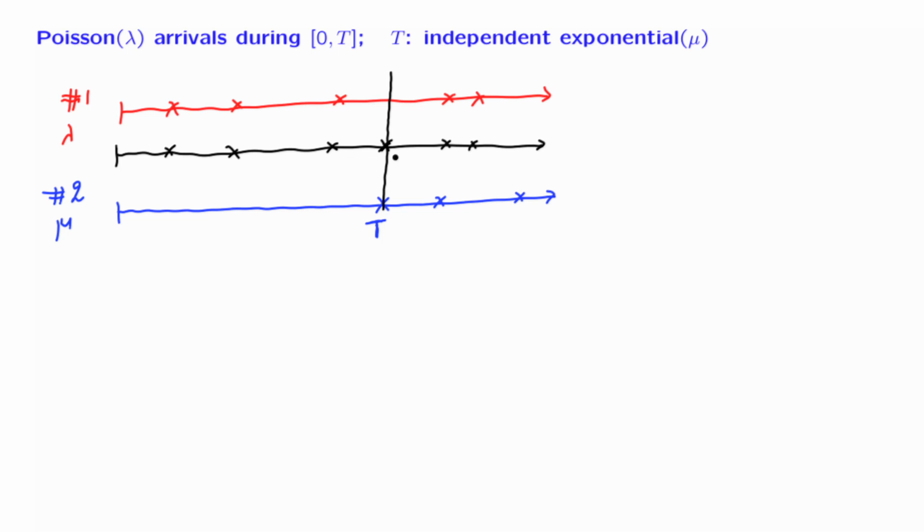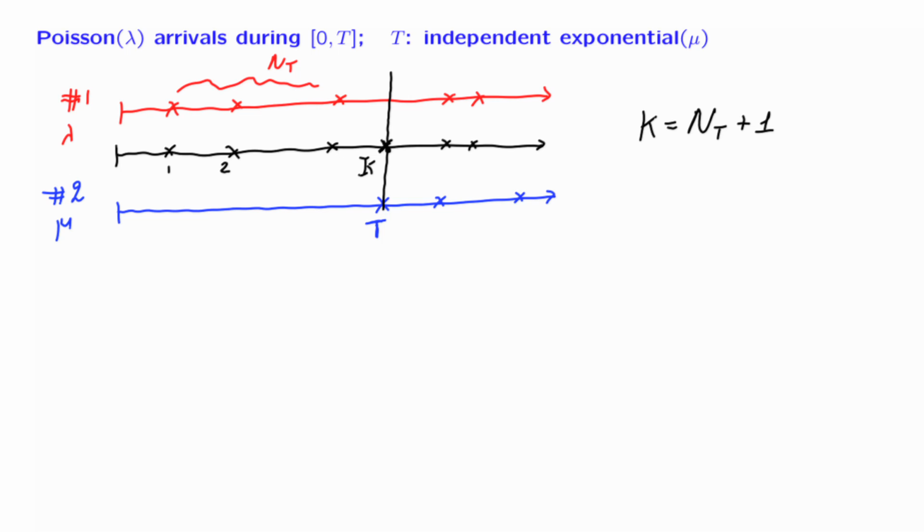The discussion will be a little simpler if we define another random variable K, which is N_T plus 1. So K is the number of arrivals in the merged process until this time. That is, we take those arrivals of the red process and we also include that arrival here. So if the number of arrivals that we got here was N_T, here we have arrivals 1, 2, and so on, and this is arrival number K.